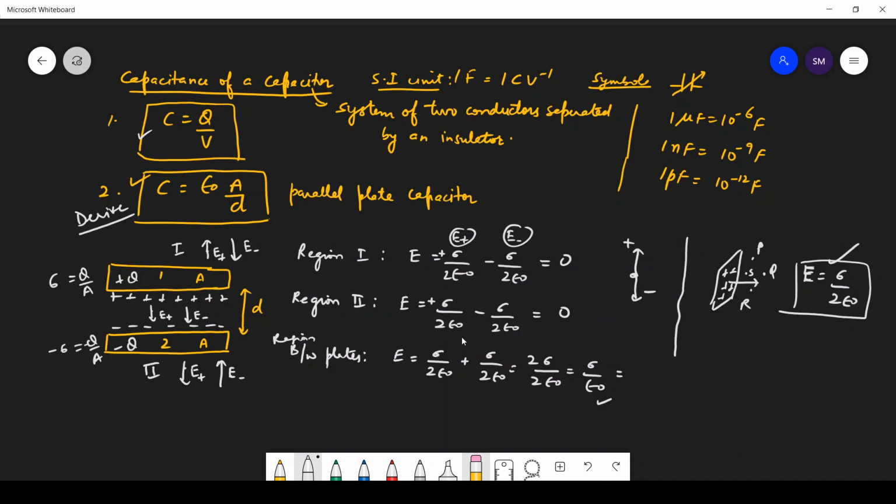So sigma is equal to Q by A. Put the value of Q by A into epsilon. Now I want epsilon naught and A, so I have two of the variables that I need, but I still don't want Q. This I can write as equation 1.